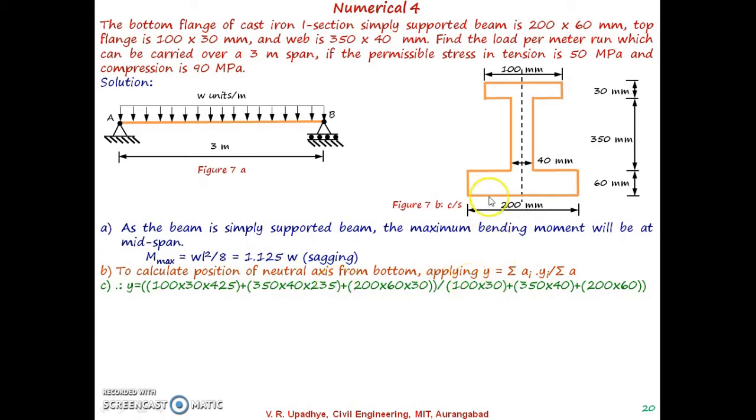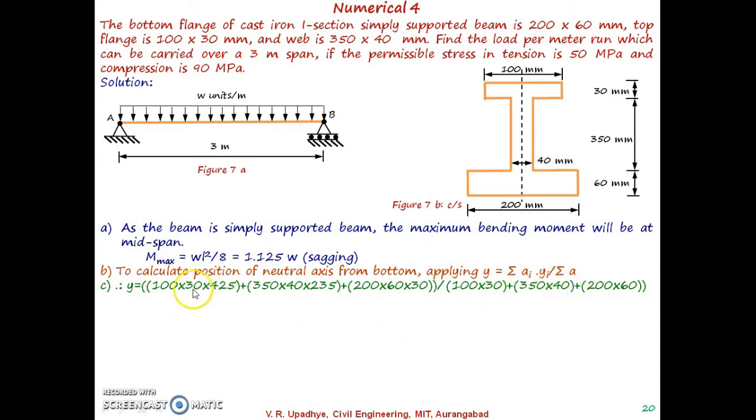So if we are taking it from bottom, then that yi will be its centroid from bottom, and summation a is the summation of the area of cross section of each rectangle that we are considering.